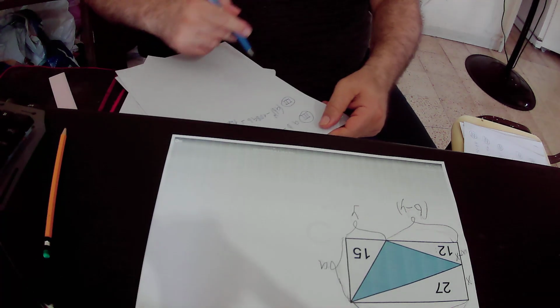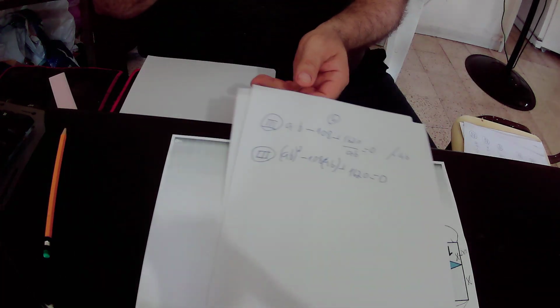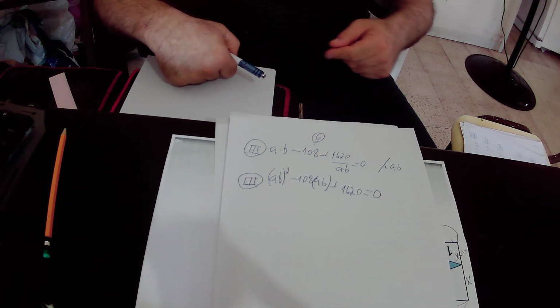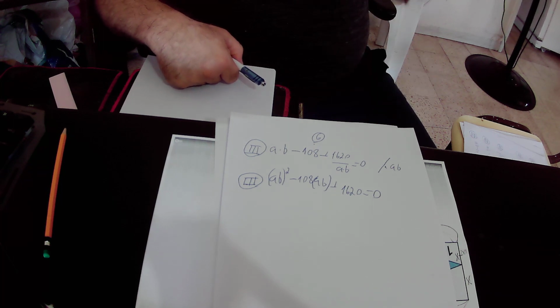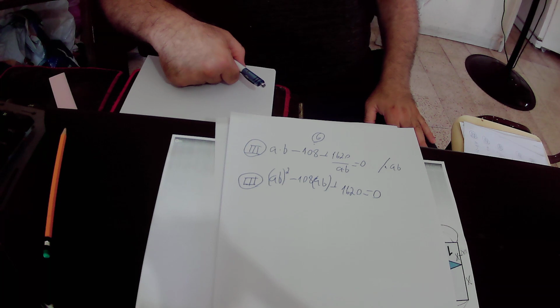Okay? This is a quadratic equation, and the variable in this quadratic equation is a times b.